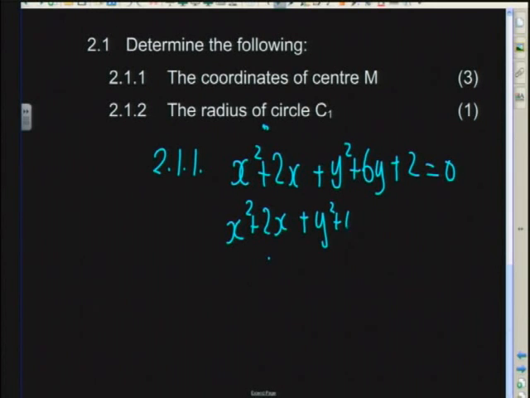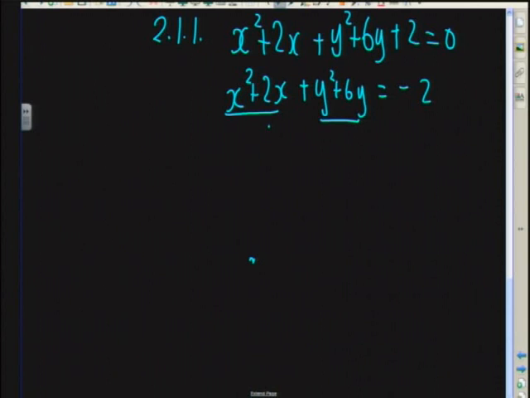First step, we need to take the 2 over to the right-hand side, so it's going to become minus 2. Then we need to complete the square with the x portion and with the y portion of this expression. So we're going to get x squared plus 2x, and then we add a half of the b term squared, so it's going to be a half of 2, which is 1 squared.